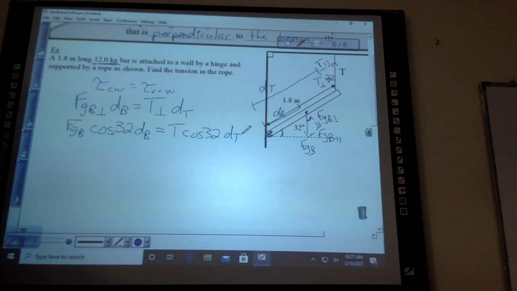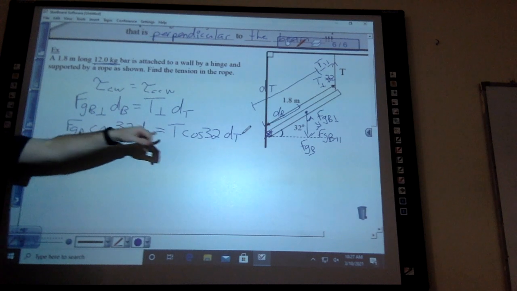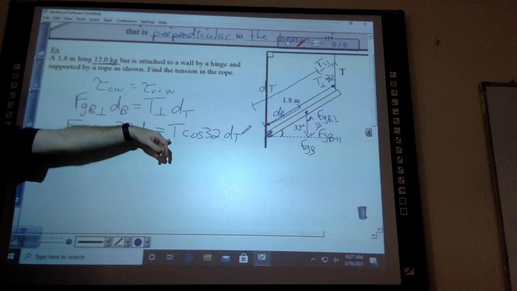Notice with this, I could cancel out cos 32. It's in all terms. I'm not going to say that you can always do that, because you cannot always do that. But in this case, you can notice that you can do that. Do you need to? No, you don't have to. In fact, if you wanted to, you don't have to substitute in for T first.